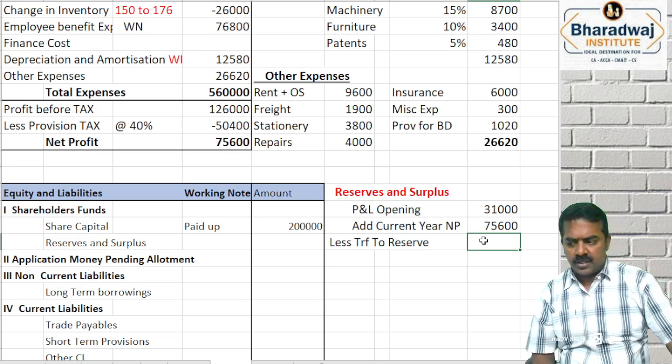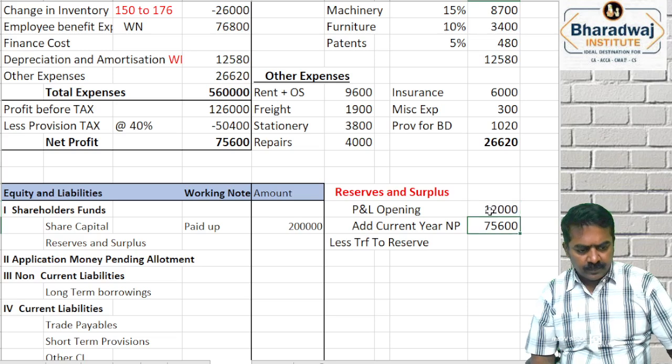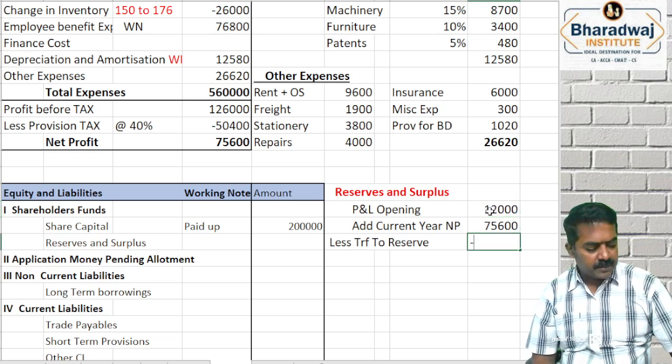How much has to be transferred? Opening balance also, sir. Opening balance 12,000. Transfer to reserve how much? 4,000.